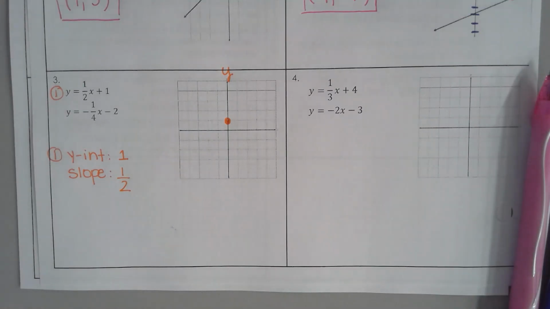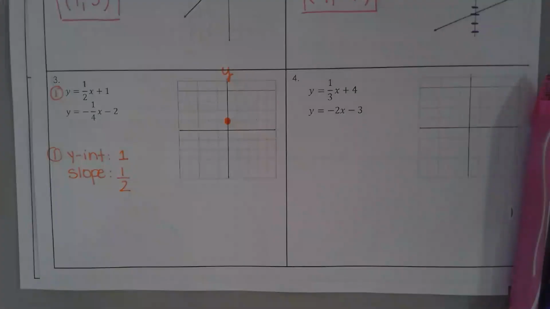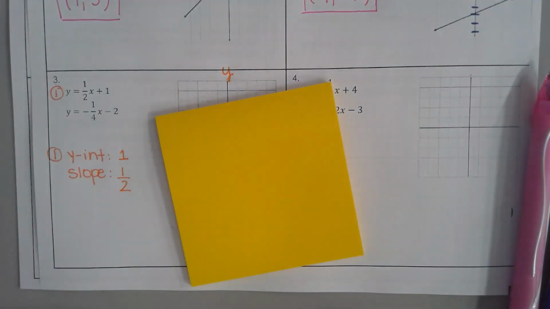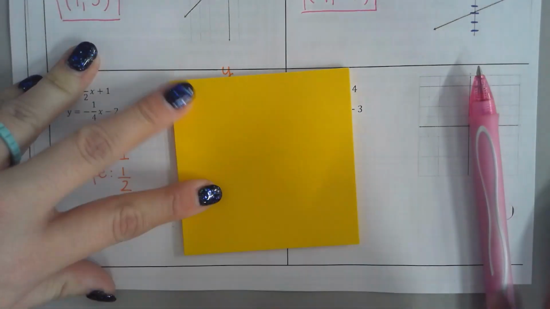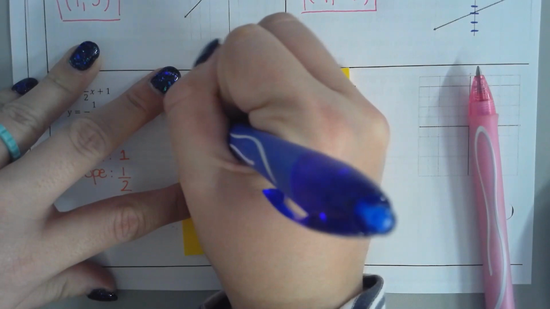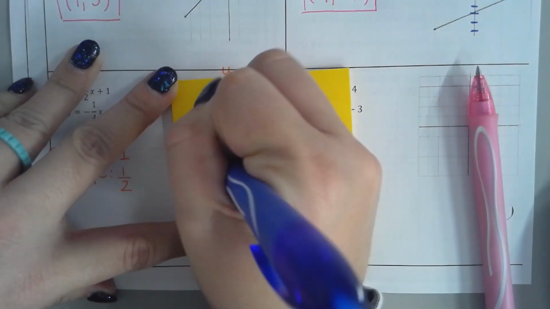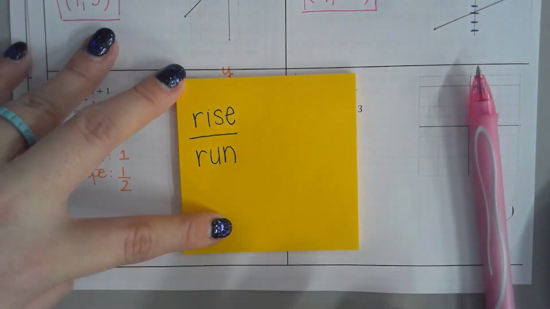So just a reminder, and you might want to maybe write this at the top of your page. Slope is rise over run.